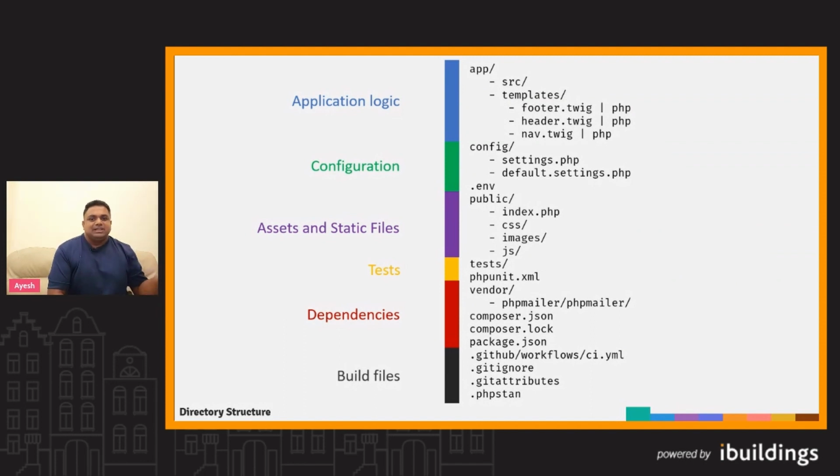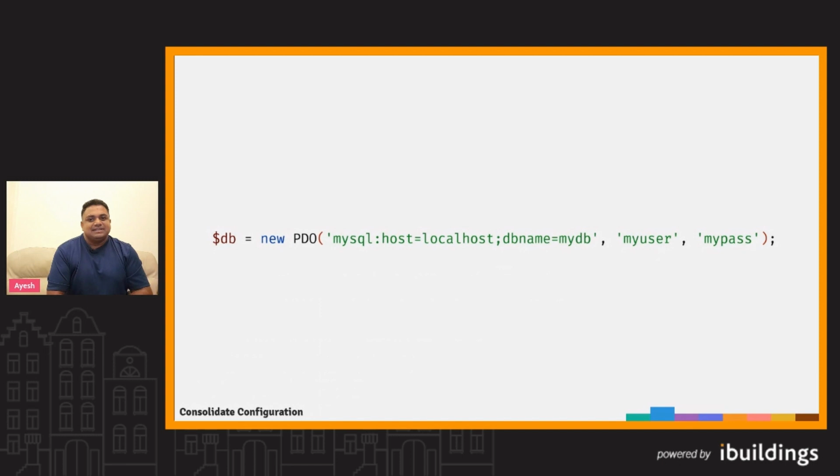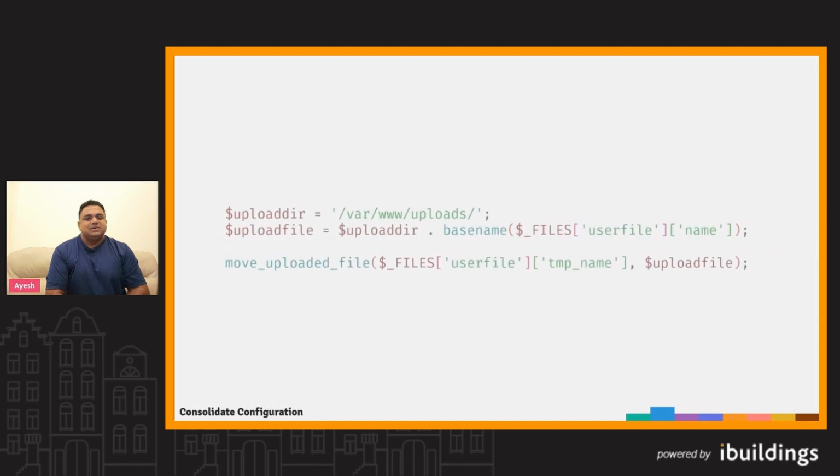So let's do the first thing. We will consolidate configuration. So remember the last example we used with all of the configuration values, all of the credentials baked into the same file. So this is obviously something wrong with the application. And we will also have to deal with file upload, for example.